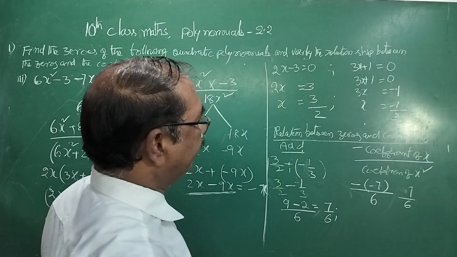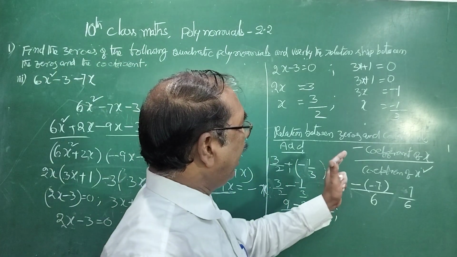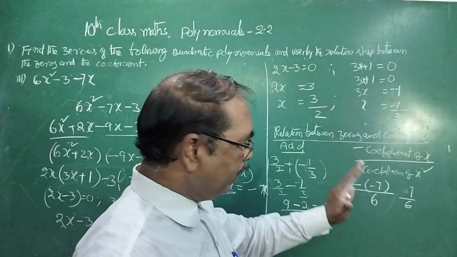Here also 7 by 6, when we add these two zeros, as per the coefficients.